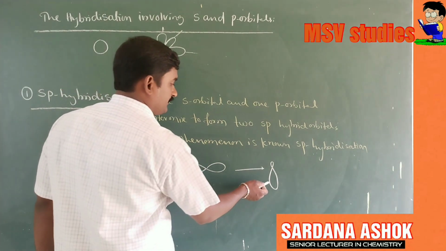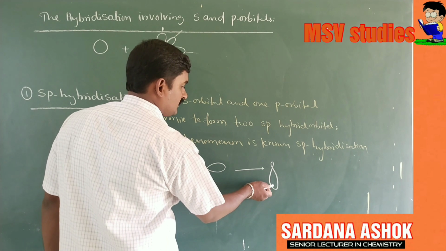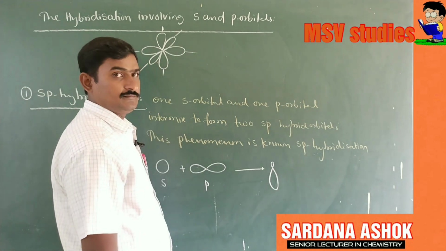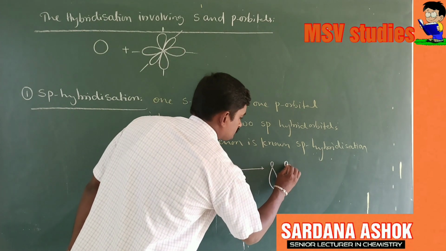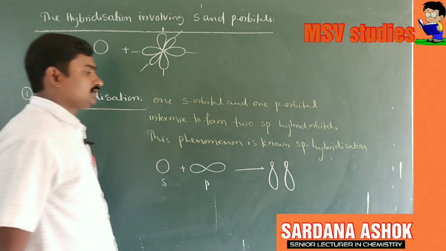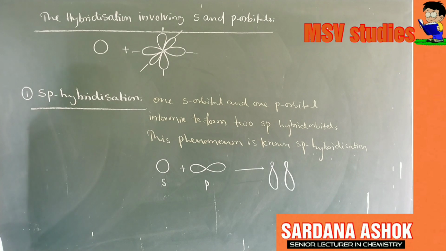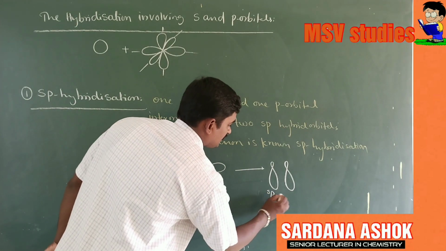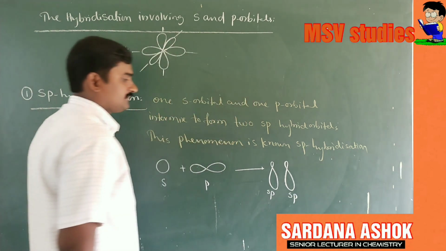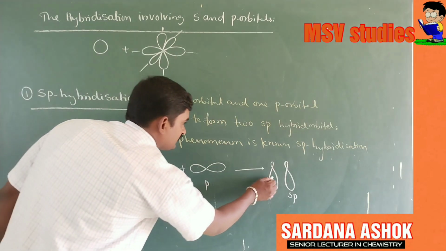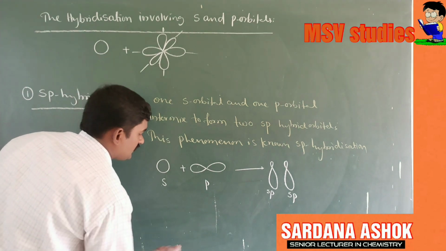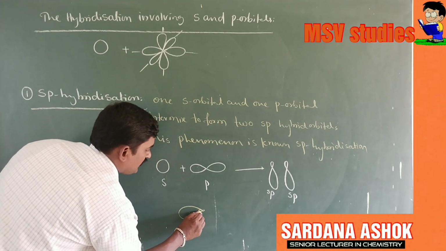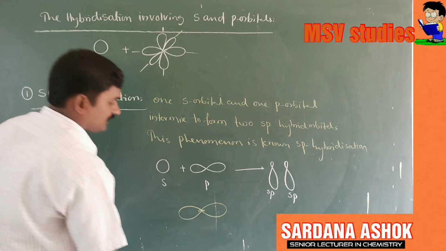A hybrid orbital possesses one large lobe and one small lobe. So this is one sp hybrid orbital and this is another sp hybrid orbital.